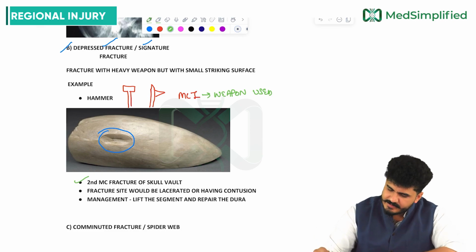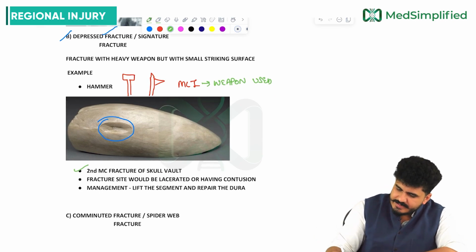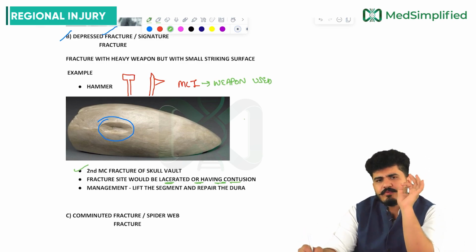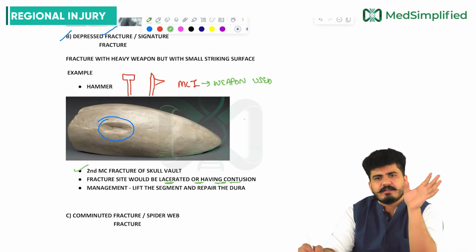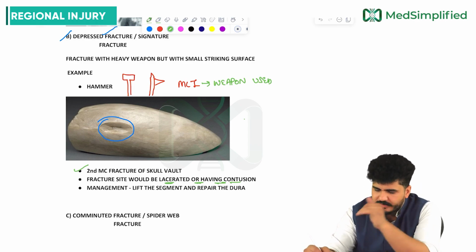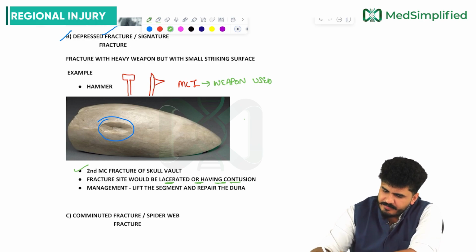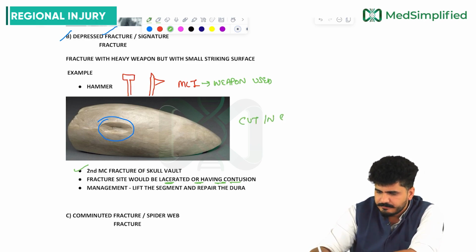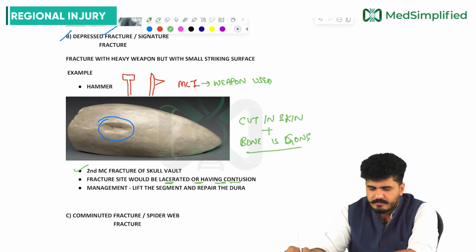The fracture site would be lacerated or can have a contusion also, but laceration is the correct word. Laceration means there will be a cut in the skin, plus the bone is gone.